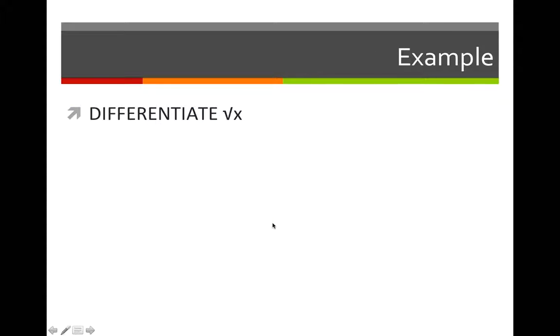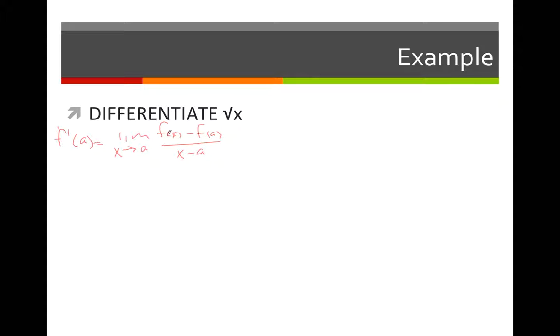If I want to differentiate square root of x using this new, quote-unquote, alternate derivative, I want to find f prime at a, but I want to use this new definition. So the limit as x approaches a of f of x minus f of a all over x minus a.